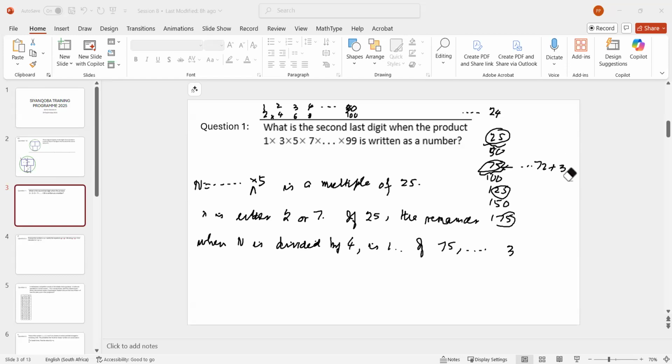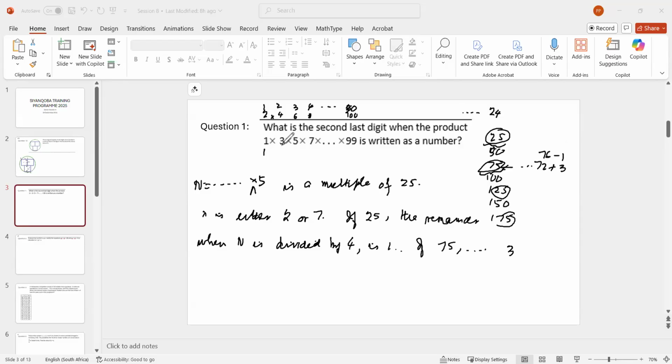By the way, instead of 72 plus 3, I could have said 76 minus 1. The next multiple, 76 minus 1. So here, when I just take the remainders, this remainder is 1 when divided by 4.